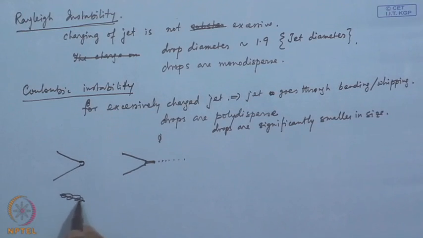Taylor has shown that if this is the capillary of radius capital R, it forms a cone like this. So, this is the end of the capillary, and it forms a cone like this, and this is the cone angle.